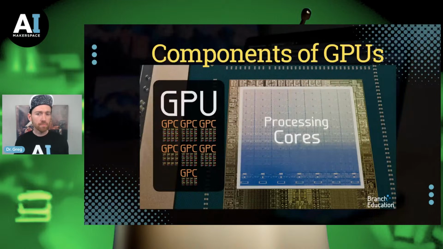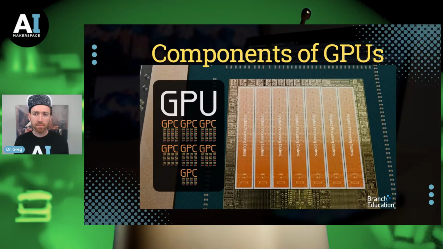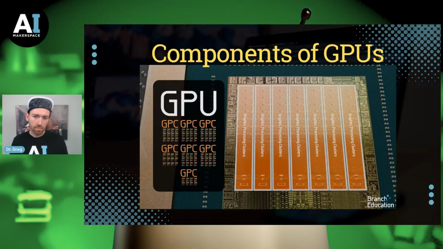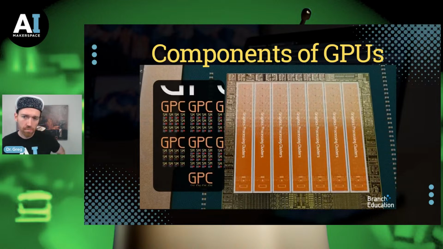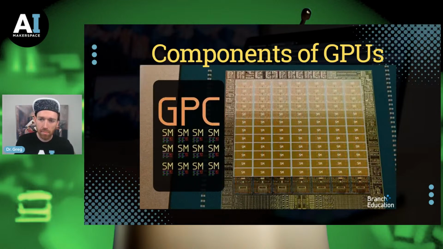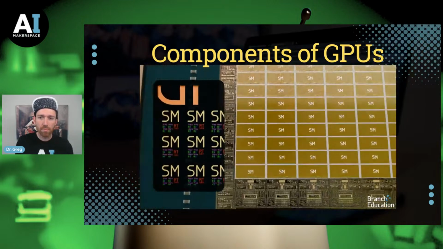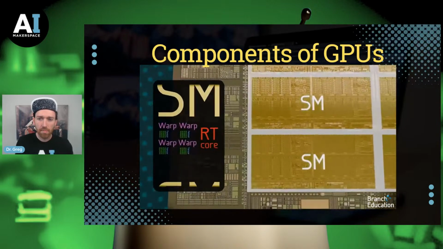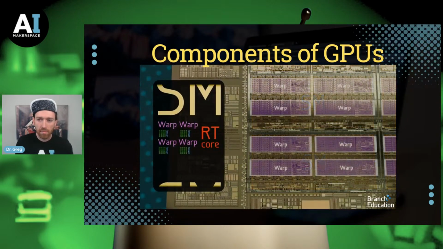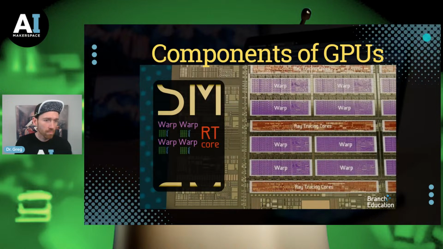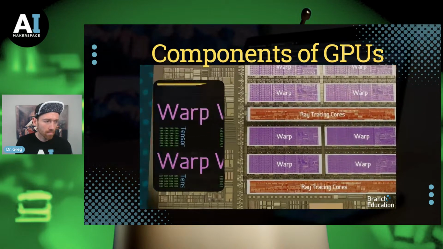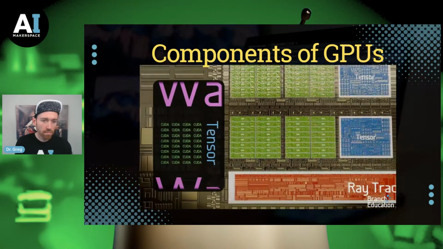Specifically, the chip is divided into 7 graphics processing clusters, or GPCs, and within each processing cluster are 12 streaming multiprocessors, or SMs. Next, inside each of these streaming multiprocessors are 4 warps and 1 ray tracing core, and then inside each warp are 32 CUDA, or shading cores, and 1 tensor core.